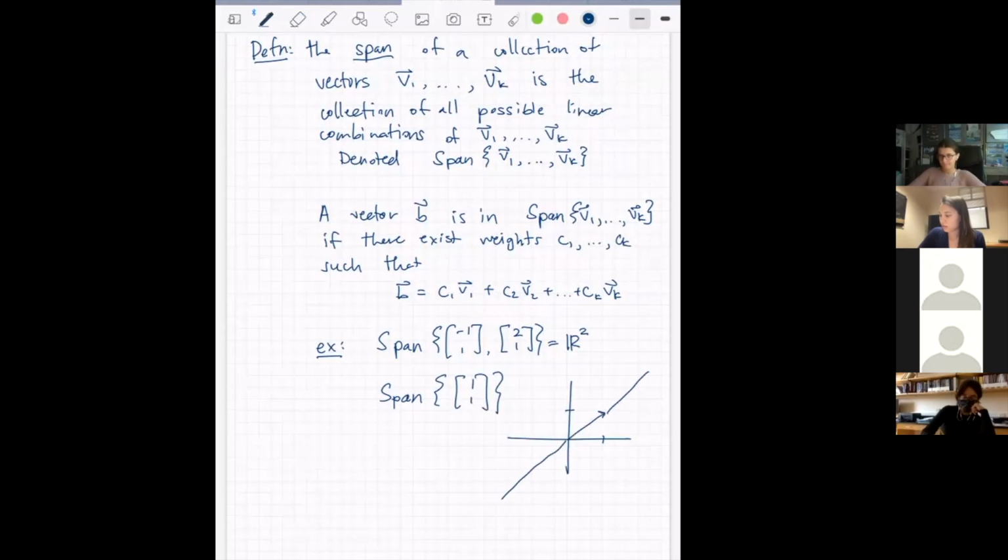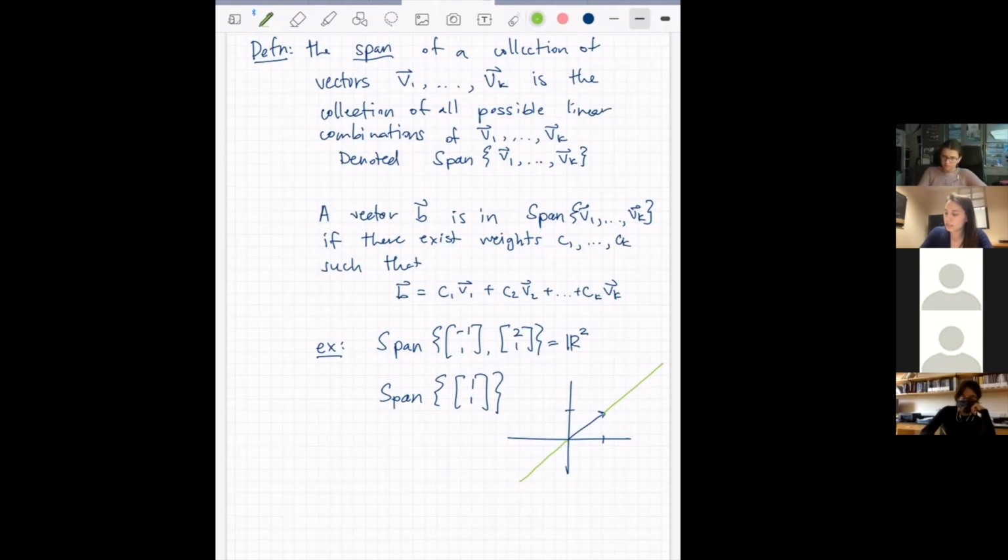So actually, I'll use a different color to make this clear. We could imagine it's basically just any constant multiple or scale of this vector. So we could move along this line, but we don't get anything that is off of the line, right?